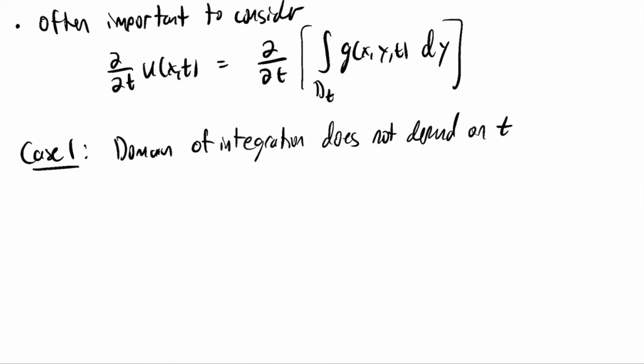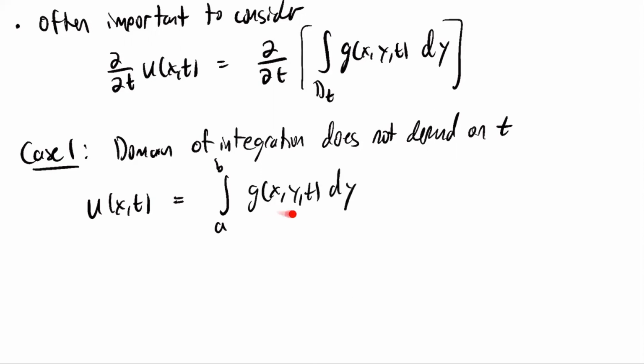So for example, u of x, t is given by an integral from some number a to some number b, where these are just your bounds of integration and they don't depend on time, of some other function g, which could depend on time. Right, so we're still allowing the integrand, the function inside the integral, to depend on t, but now the domain doesn't depend on t, right?